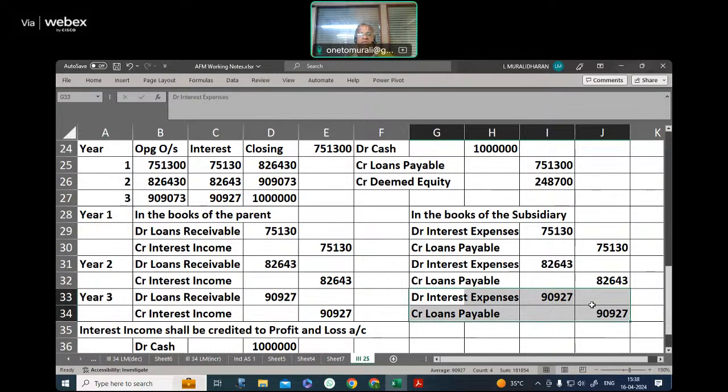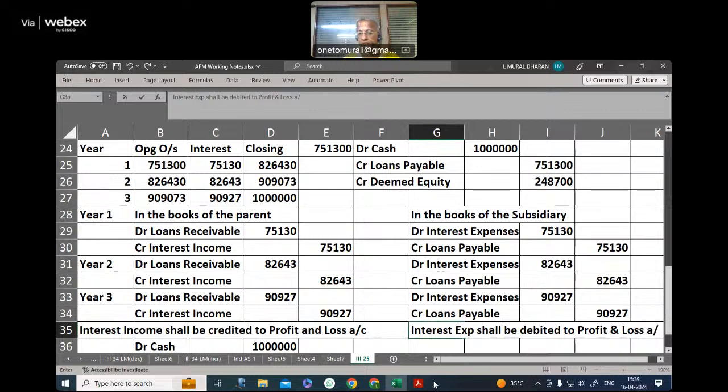The scheme of journal entries will be taken in this fashion. Interest expenditure shall be debited to profit and loss account. Correct?